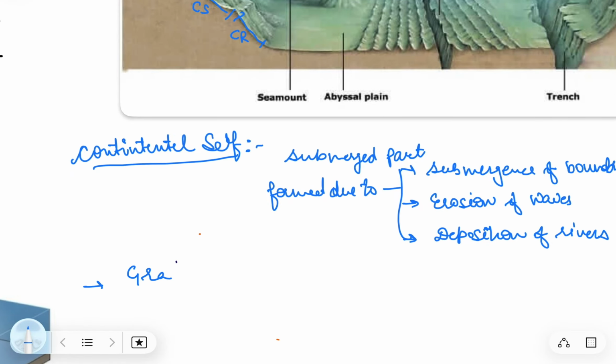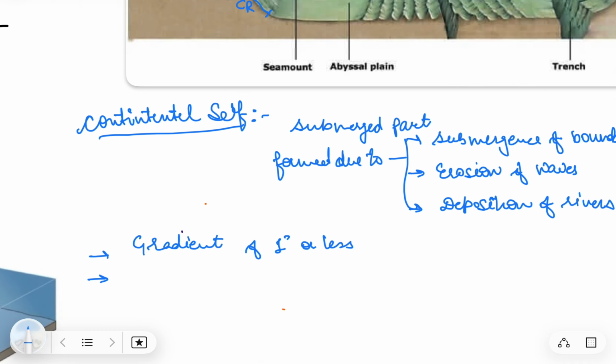The continental shelf has a gradient of 1 degree or less than this. Next, it has shallow seas or gulfs.